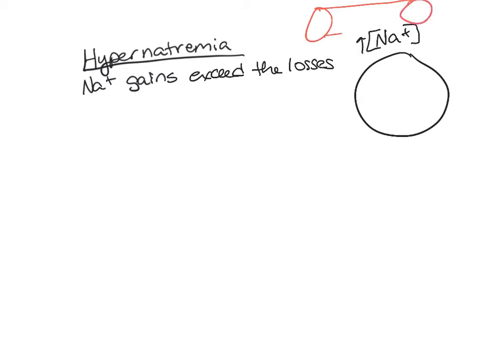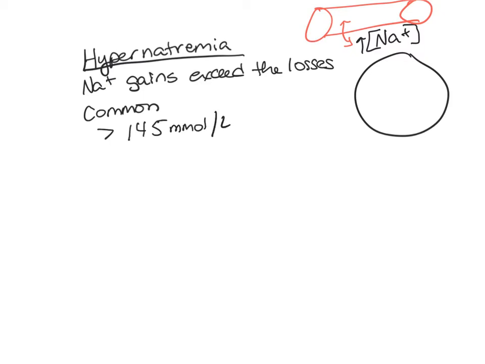Hypernatremia actually means too much sodium in the blood, but we've already gone over how the plasma and the interstitial fluid exchange ions and fluids quite readily. Hypernatremia is a common electrolyte problem. It's defined as a rise in serum sodium concentration to a value that exceeds 145 millimoles per liter.